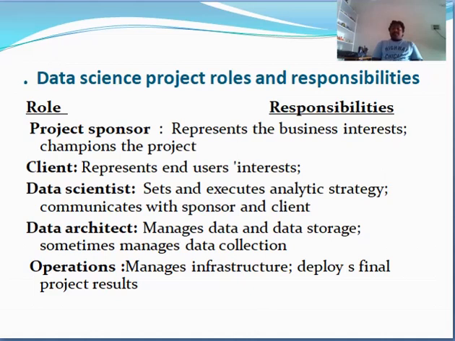His responsibilities are that he represents the business interests and champions the project.